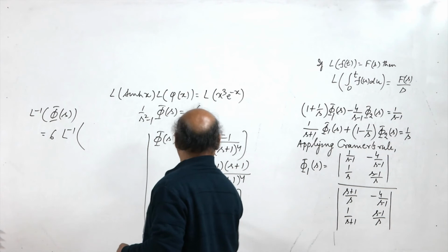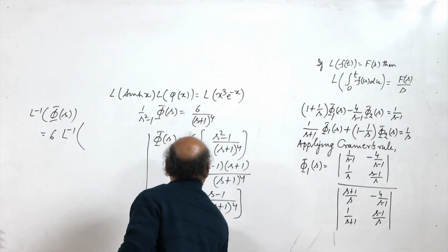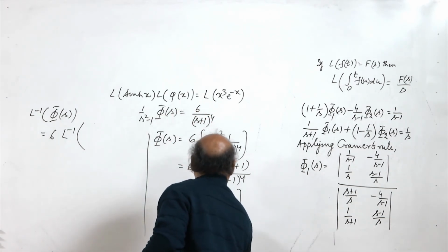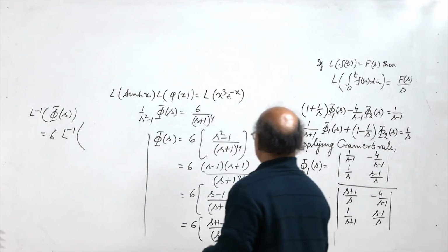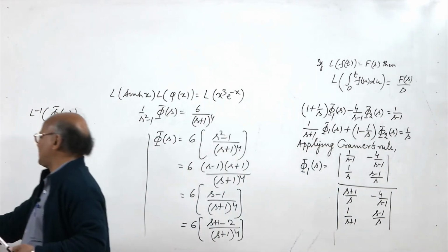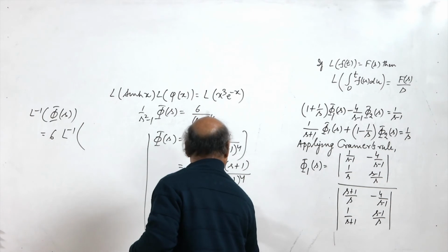We can write it further as 6 times s plus 1 minus 2 divided by s plus 1 to the power 3.